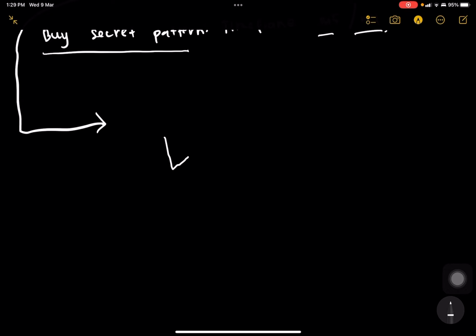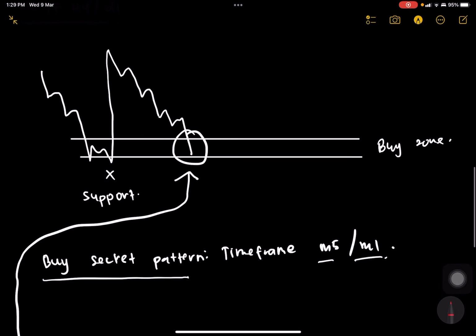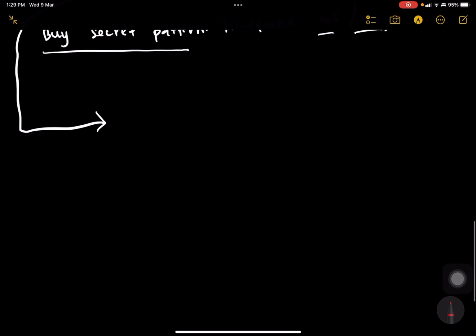Okay, price went down. Let me change the color. Here price went down in minute 1 or minute 5, and then it went up one time and made a resistance here. It went even lower.